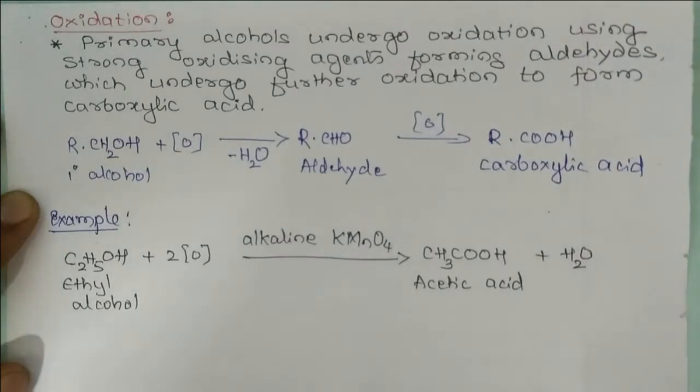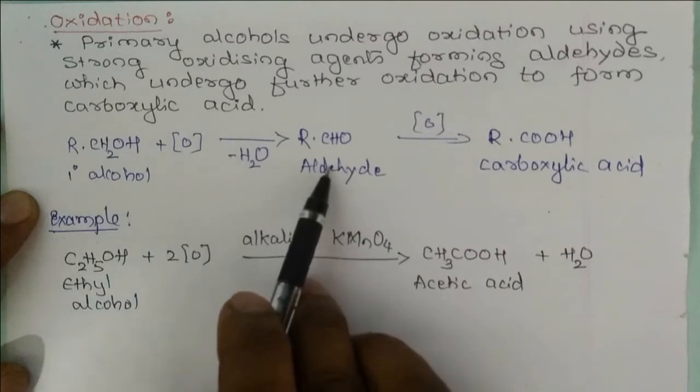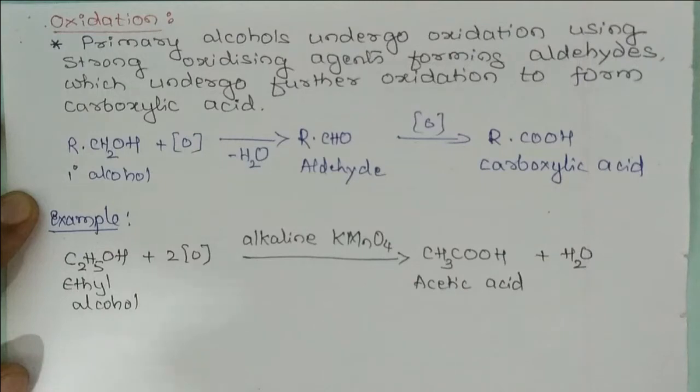If oxidation reaction is carried out by using milder oxidizing agent, then we can stop the oxidation reaction at aldehydic level or even ketonic level. Now let us discuss the oxidation using mild oxidizing agents such as anhydrous chromic oxide or PCC, that is pyridinium chlorochromate.